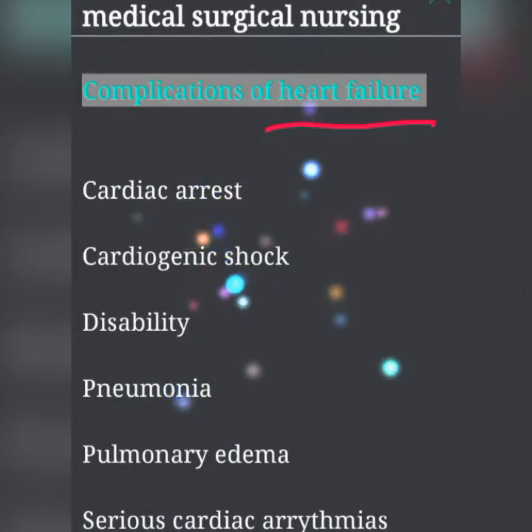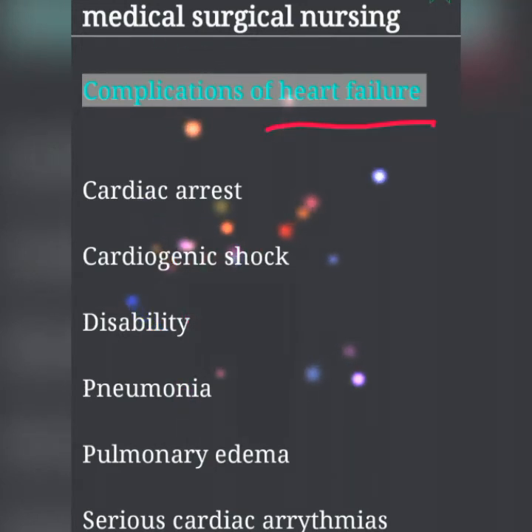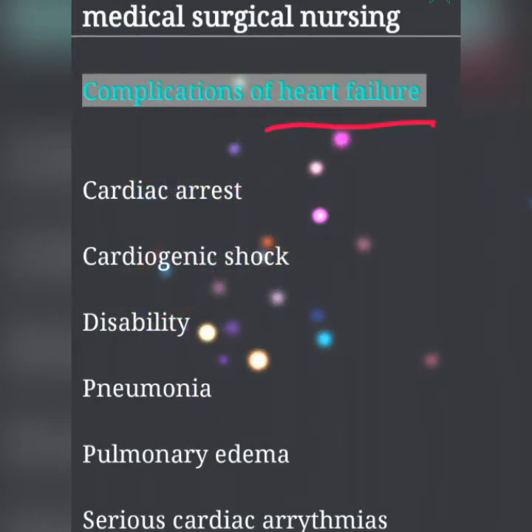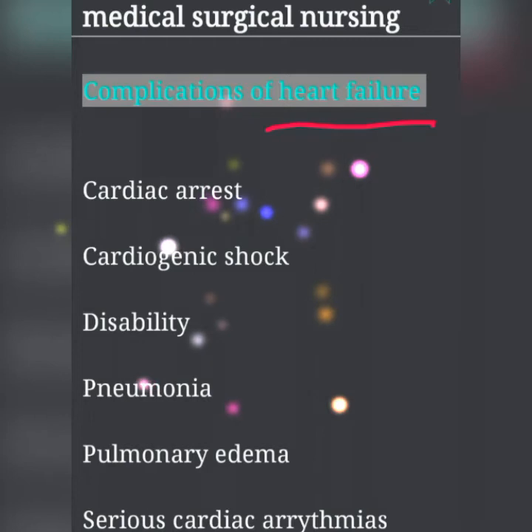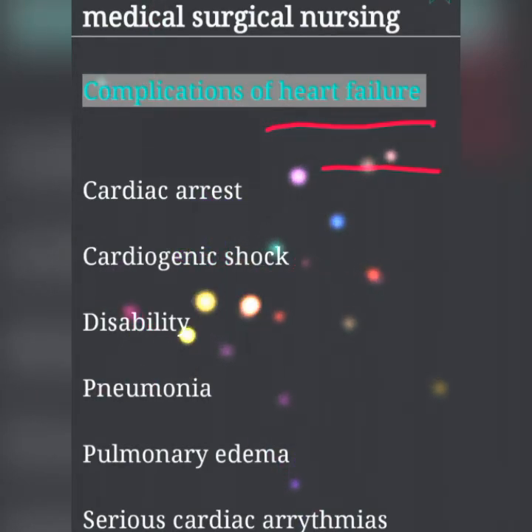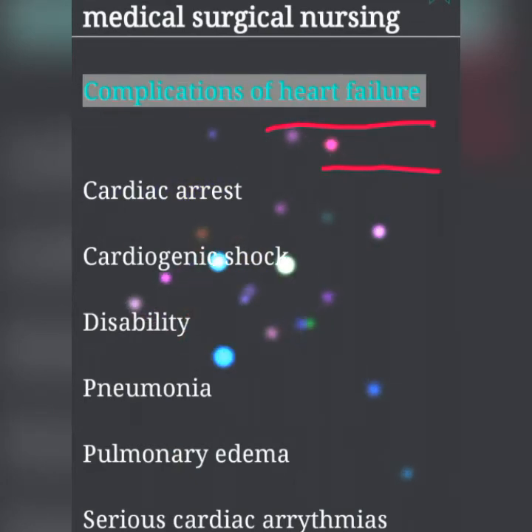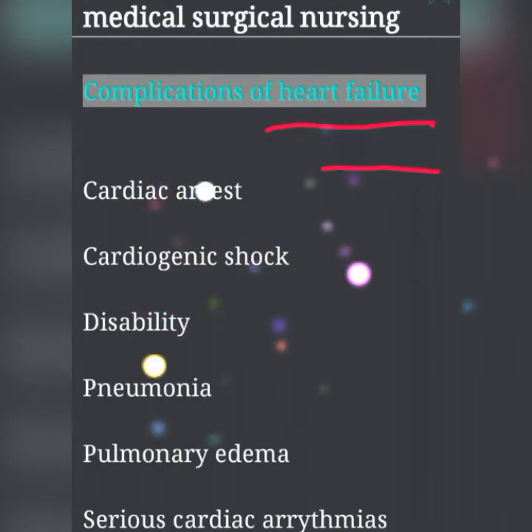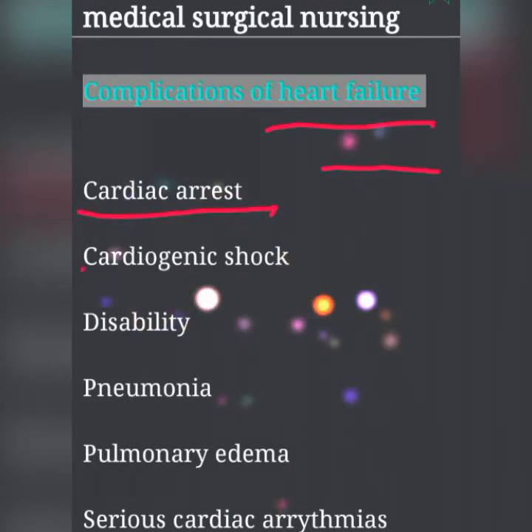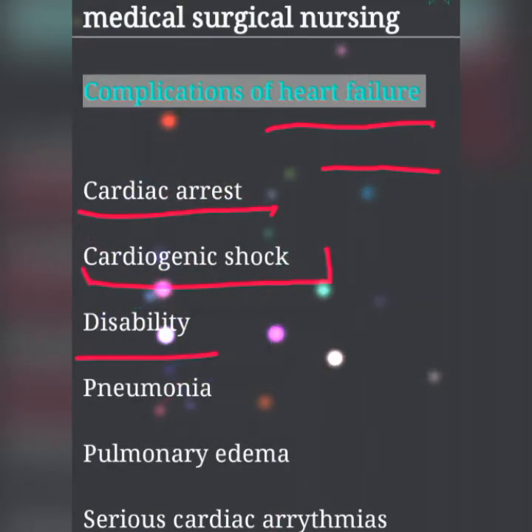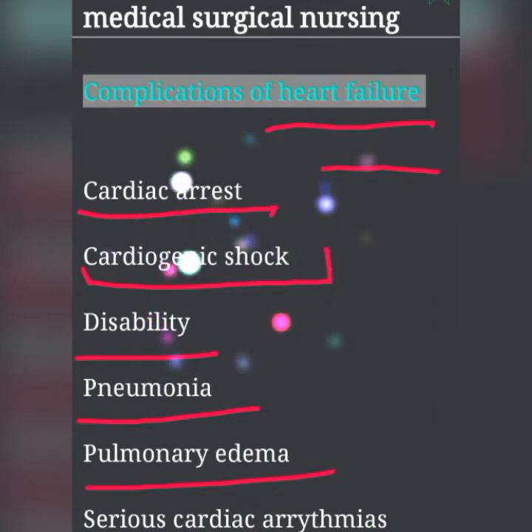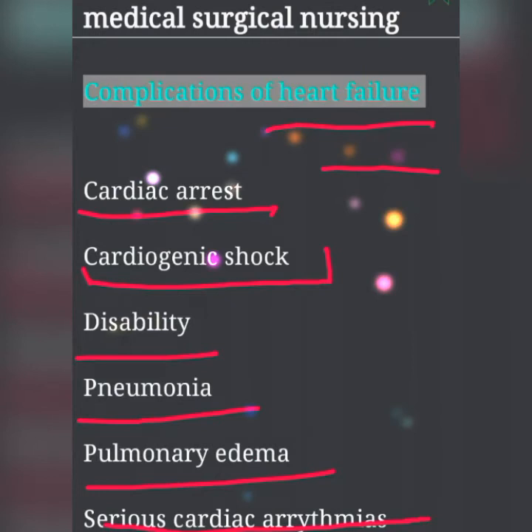You can best help minimize the risk of severe complications of CHF by following the treatment plan you and your healthcare professional design specially for you. Serious and life-threatening complications include cardiac arrest, cardiogenic shock, disability, pneumonia, pulmonary edema, and serious cardiac arrhythmias. This is all about the complications.